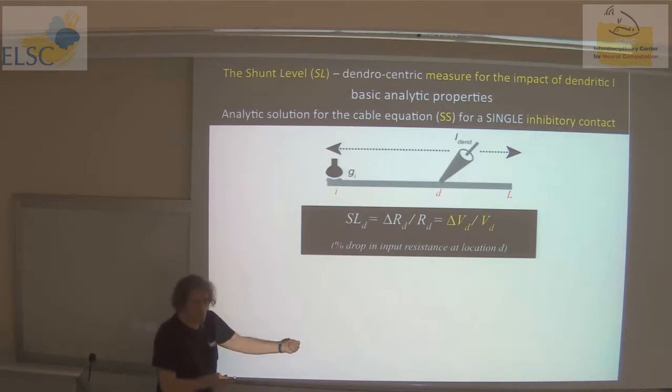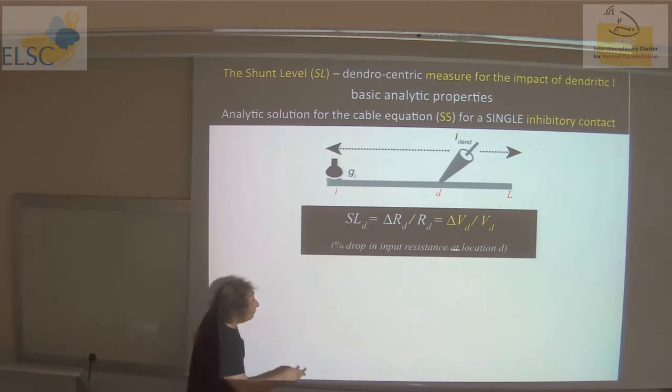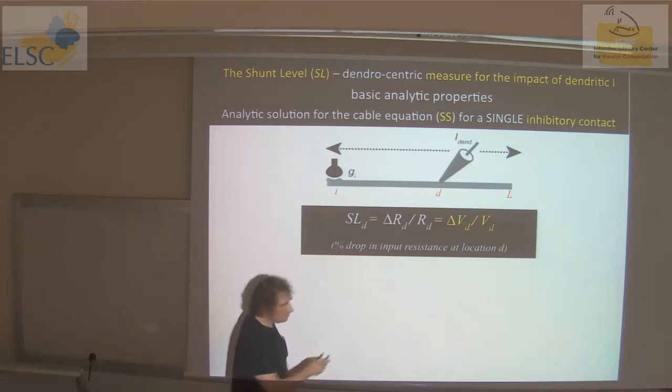It's a natural definition because you want to understand what is the effect of a synapse on the voltage drop at a given location due to the activation of the synapse there, and you can see immediately that the change in steady state voltage, following an injection of current here, relative to the voltage before the perturbation, is exactly the shunt level.